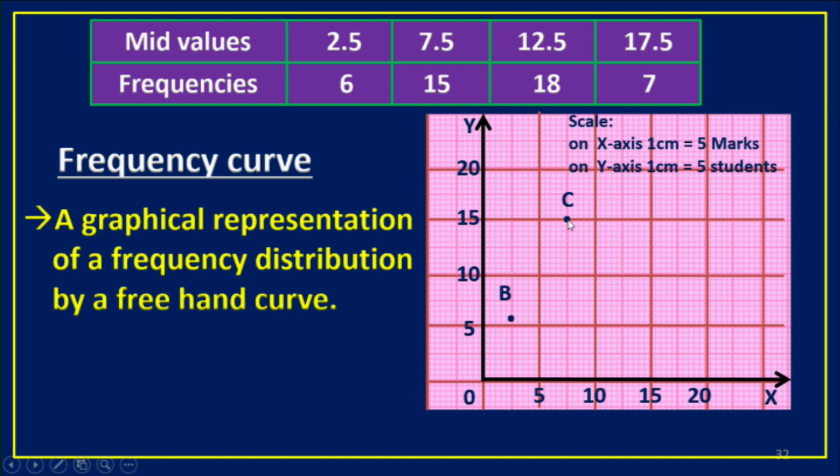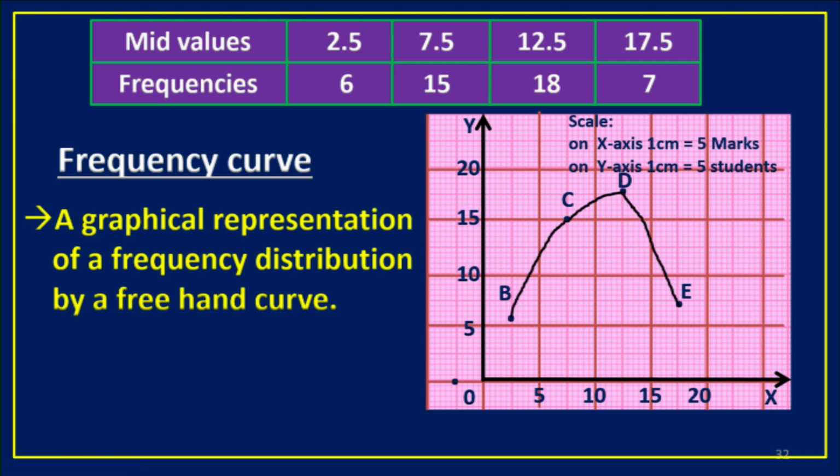I am taking the point as C. Next point 12.5, 18. 12.5 will be between 10 to 15, and 18 after 15, the sixth line. Okay, I am getting it here. I am taking the point as D. Next 17.5, 7. 17.5 will be between 15 to 20 and 7 will be after 5, the fourth line. Now, I am getting 4 points here. What are the 4 points, children? B, C, D, E. Now, I am joining by a freehand curve.